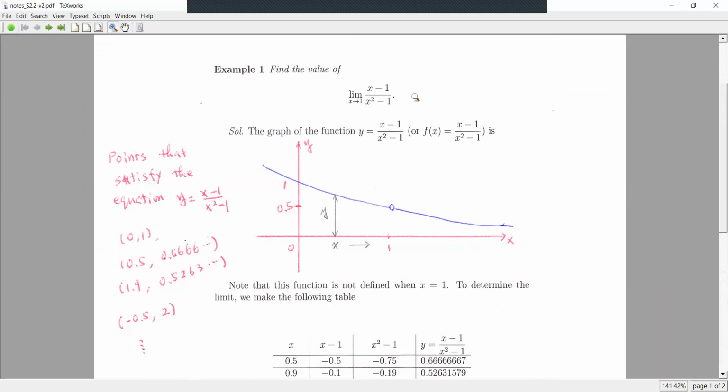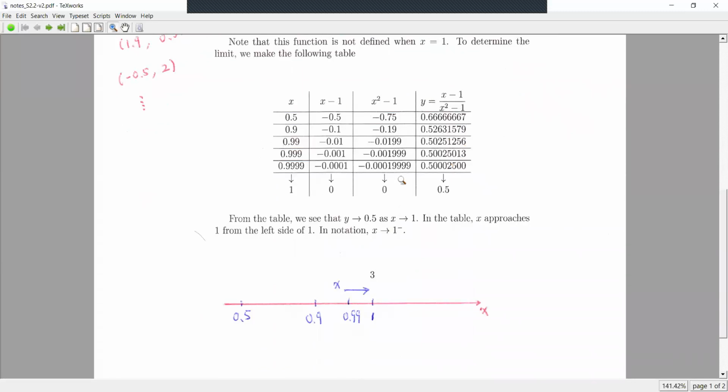But before we make such a conclusion, recall convention number 3. Convention number 3 says that no matter how x approaches 1, the function should approach the same number. Otherwise, the limit doesn't exist.